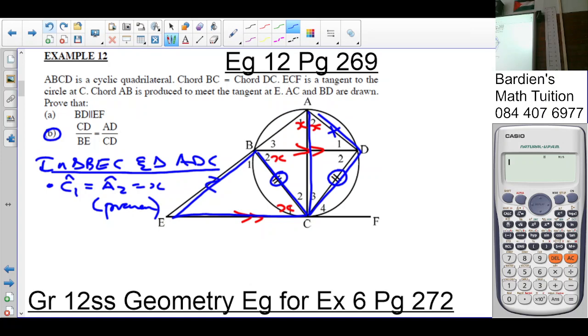But since I went that route and I marked it x already, I can use proven. Okay, then we need another angle. Angle B1 is equal to angle, I said it earlier on, D1 and 2, so it's ADC. Why? It's the exterior angle of a cyclic quad.